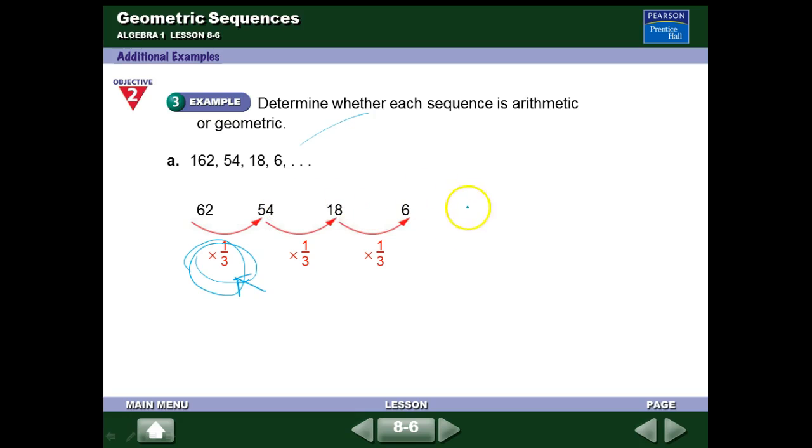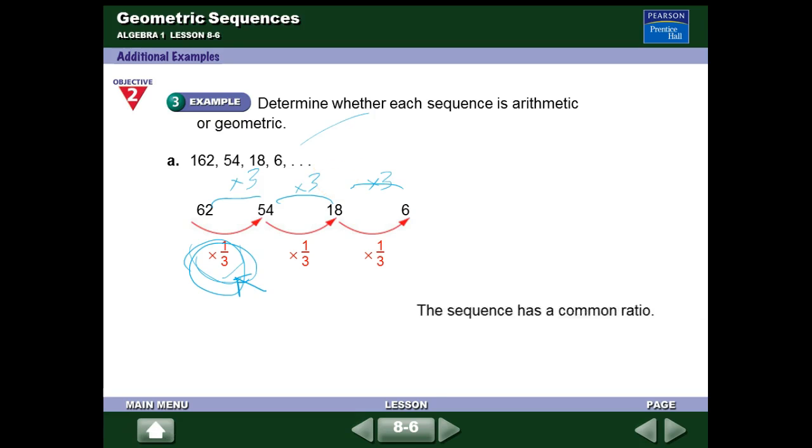If you're not subtracting by the same amount, look for a fraction you can multiply to get these numbers. If fractions are tough for you, think this way: 6 times 3, 18 times 3, 54 times 3. And like I said, instead of dividing, we're going to be multiplying by the fraction.